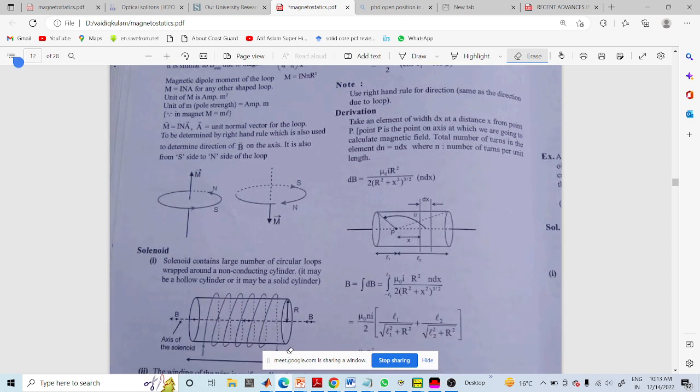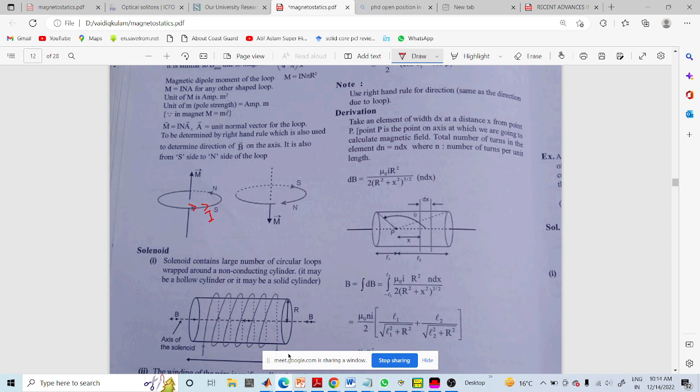Now here you can see the direction of the magnetic dipole moment. It is very important. We have a loop and current is flowing in this loop in this way. So what will be the magnetic dipole direction? M is given by I into area, where A is the unit normal vector of the loop.